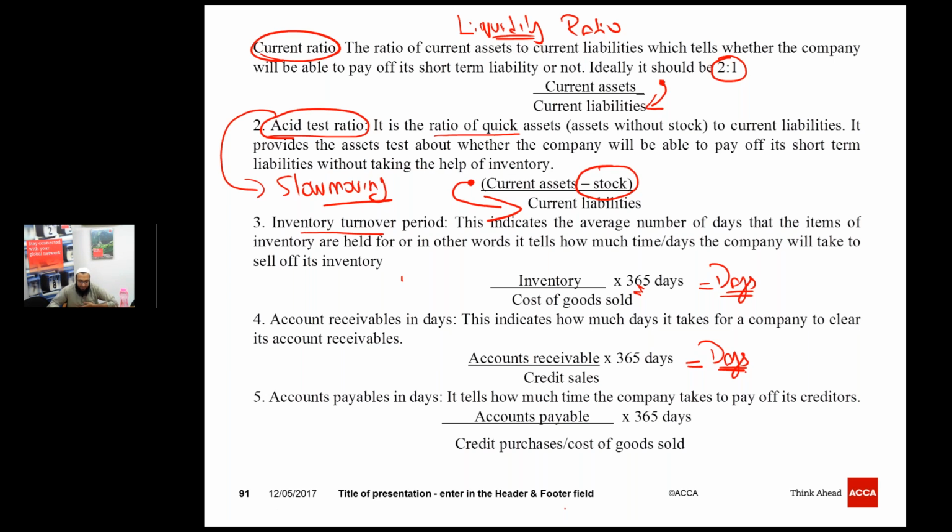How many days the company's customers are taking to clear off the company's receivables. Payable days indicates how many days the company is taking to pay its creditors. This is indicated by accounts payable days. Got it, everyone? I'm sure this is all very simple for you.